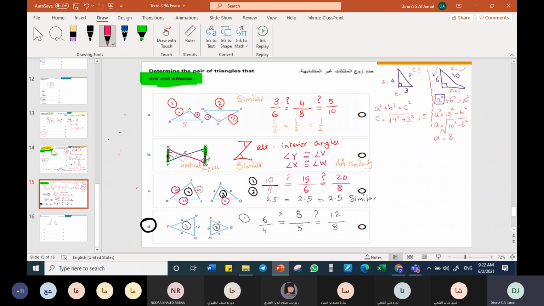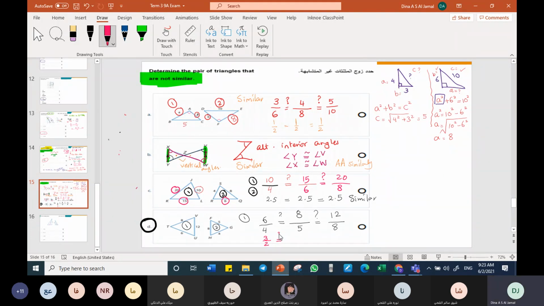Calculate each ratio. What is 6 over 4? 3 over 2.